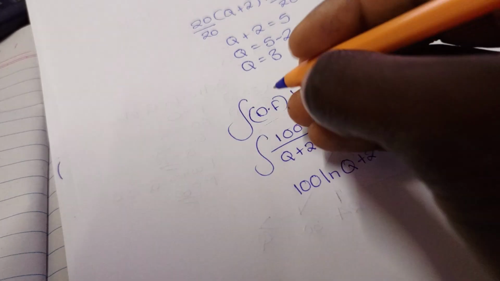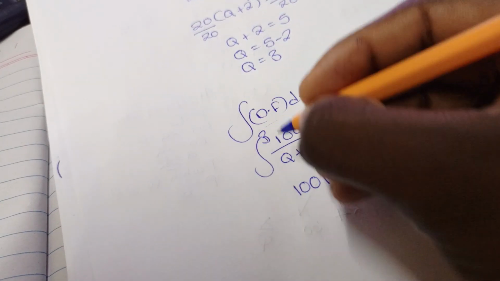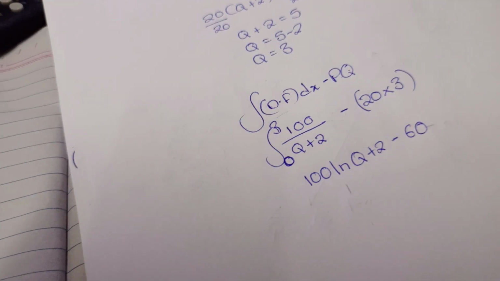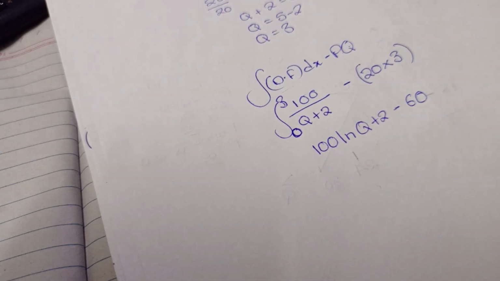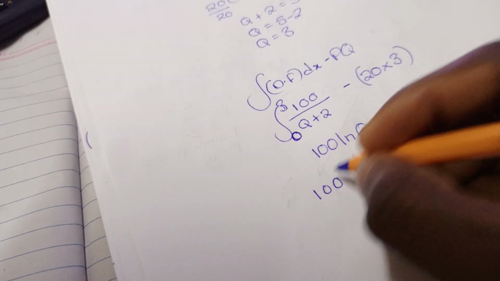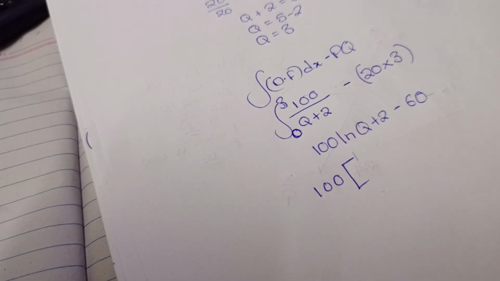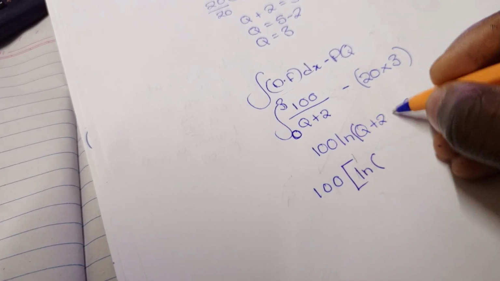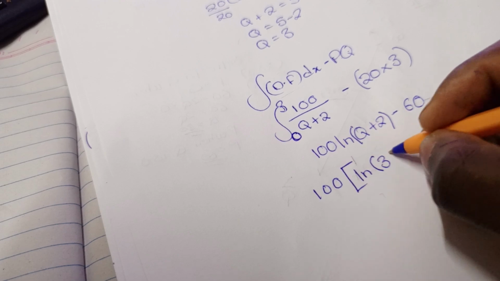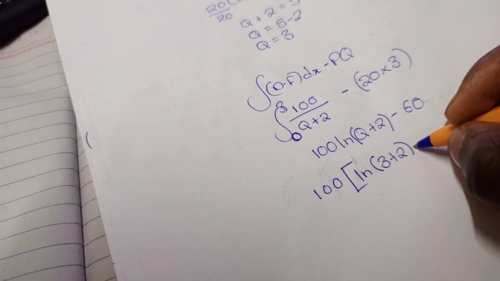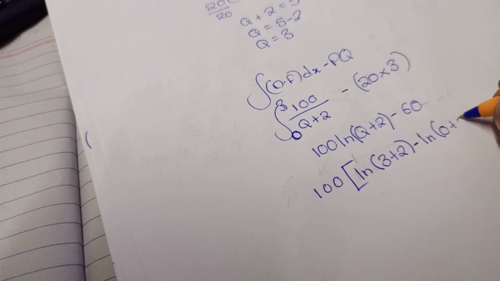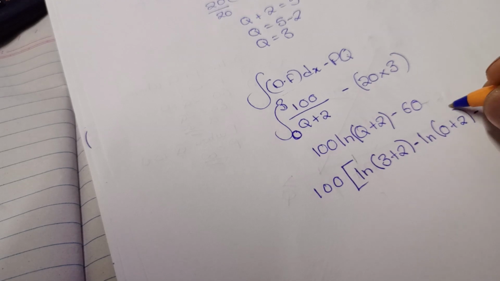Then, having done this, remember the value of Q is known to be 3, and we always start from the origin. In this case, we have a 0. So we just go directly with replacing. So we have 100 times ln of (3 plus 2), minus ln of (0 plus 2), minus 60.